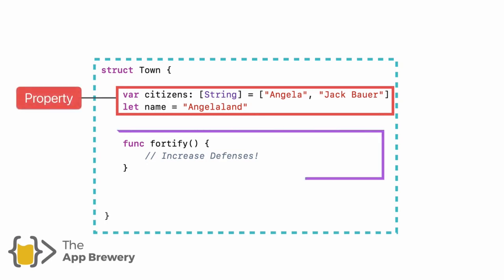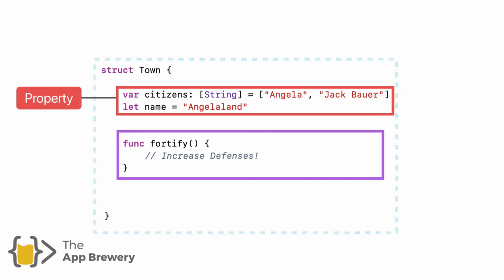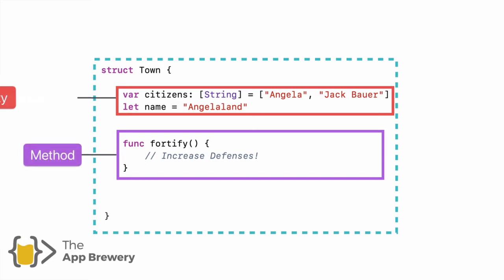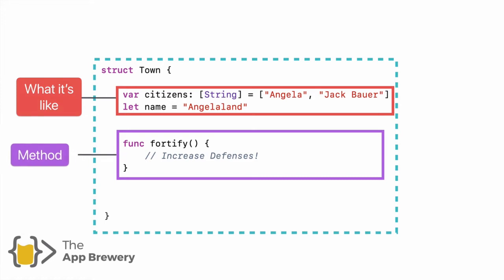Similarly, we've created functions inside our structs, and when functions are created inside a struct, they're known as a method. So you can consider these properties as a way of defining what this eventual object created from the struct will be like. So its attributes or its properties. And the methods can be thought of as what the object can do.